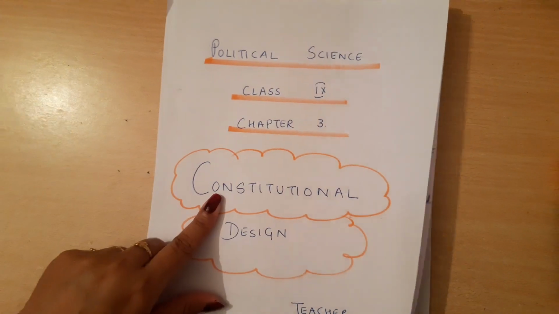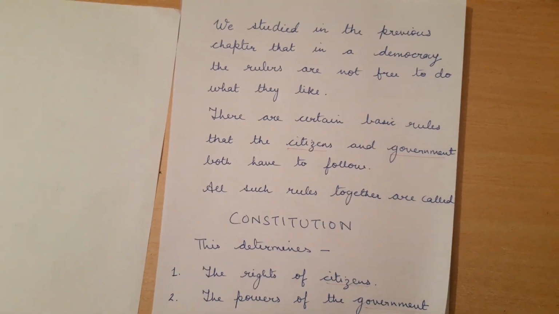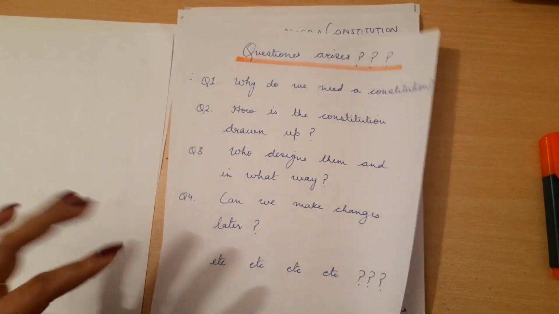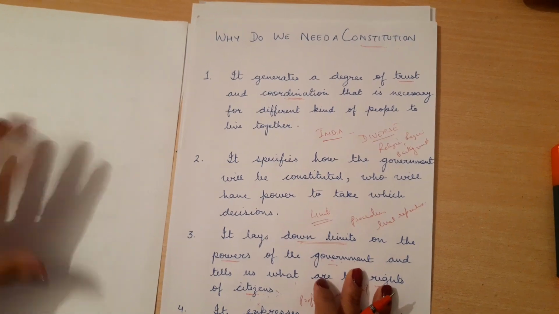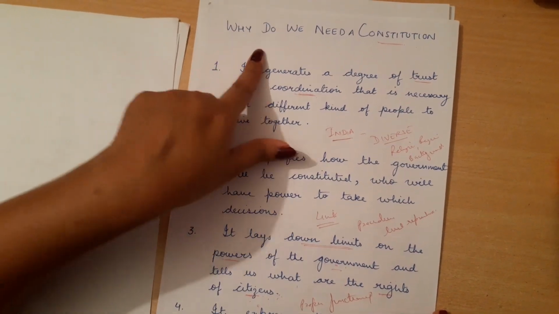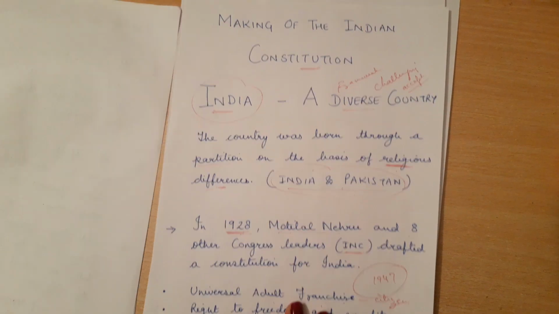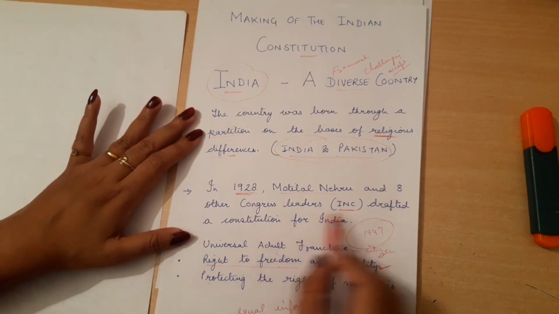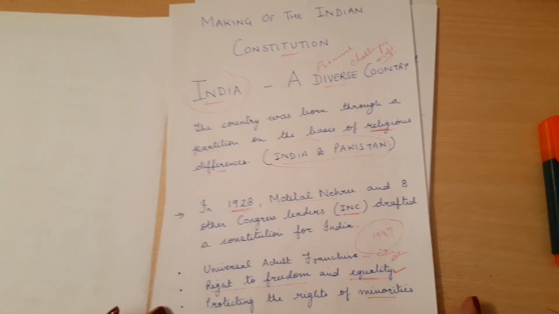Okay children, so today we have taken constitutional design, where we studied what were the basic things we have to understand, the questions we came up with, and why we need it. Then we discussed why we need a constitution through these points, and then we saw how it was drafted, who drafted it, and then the journey started keeping these things in mind.